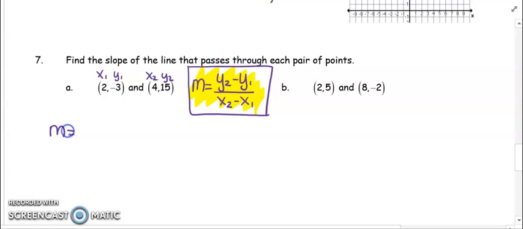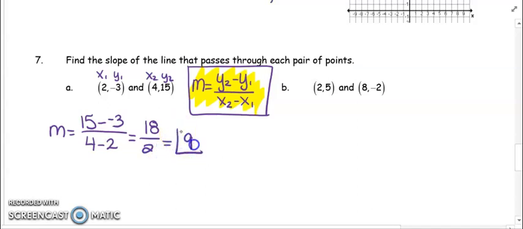And to find the slope, I'll say 15 minus -3, y2 minus y1 over 4 minus 2. Well, 15 minus -3 gives me 18 over 2, which means that my slope is going to be 9.